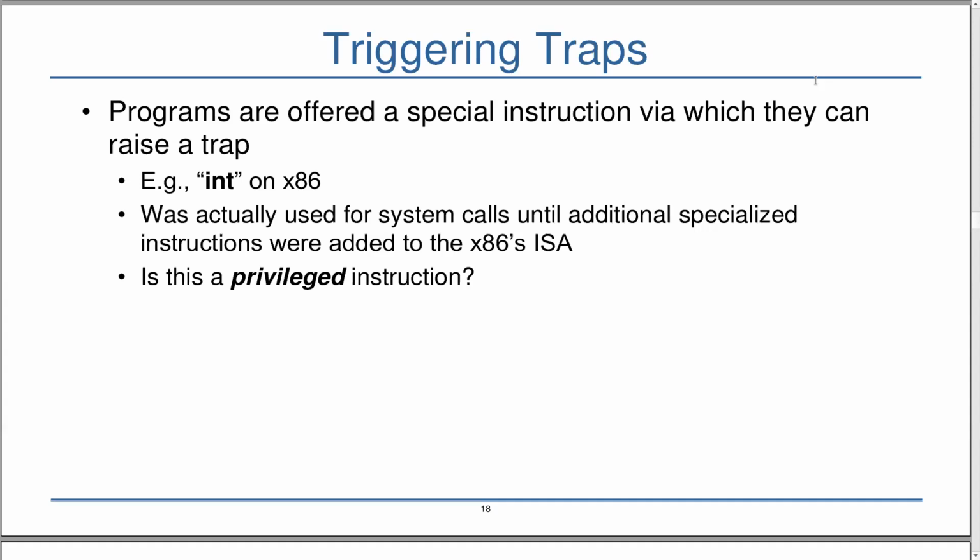These are all internal CPU events. But there are also external events, and those are known as interrupts. In x86 it's a little confusing because the same mechanism is effectively used for both, and this is why they specify int rather than trap. But just remember that int is actually a trap, not an interrupt.